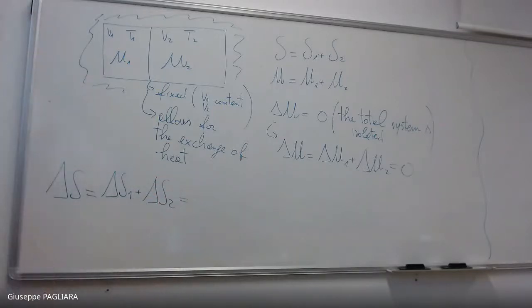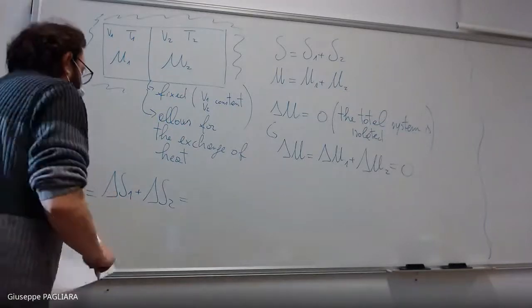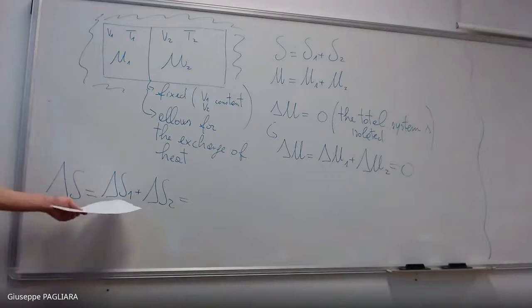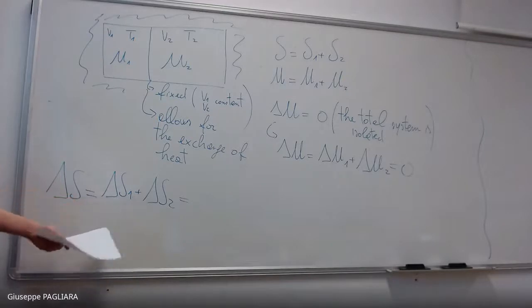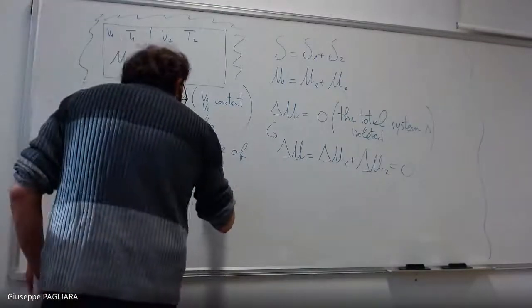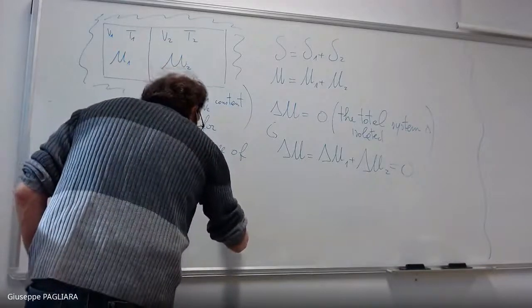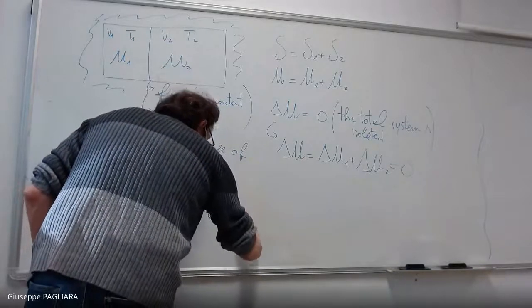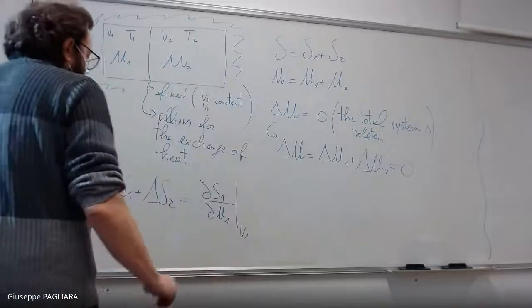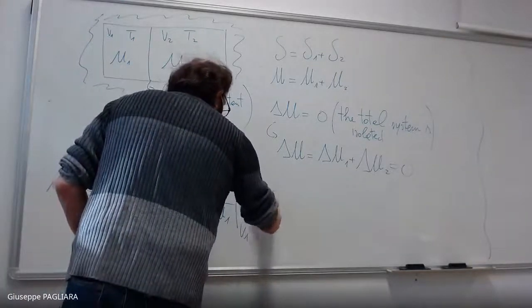Which can be written in terms of a variation; I can write this differential as the partial derivative of S with respect to U times delta U. So this is the partial derivative of S1 with respect to U1 at fixed volume V1 times delta U1.